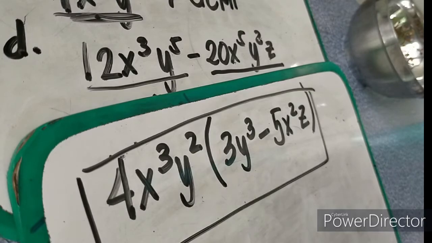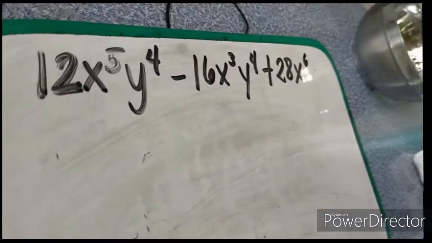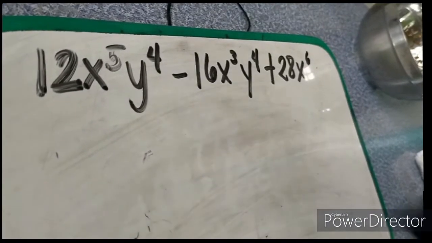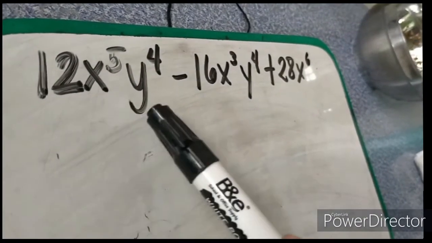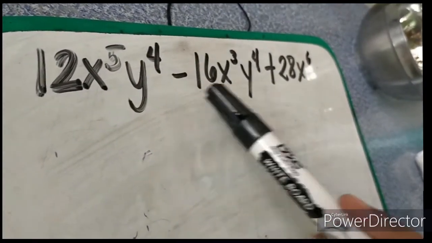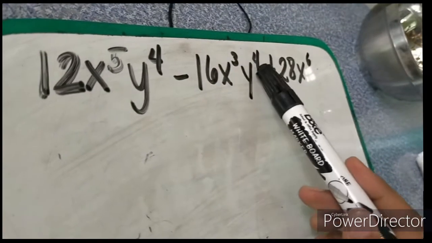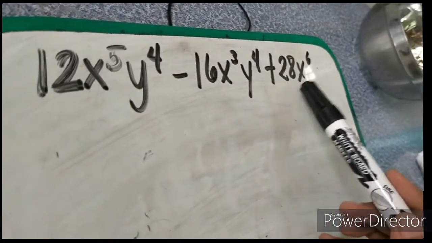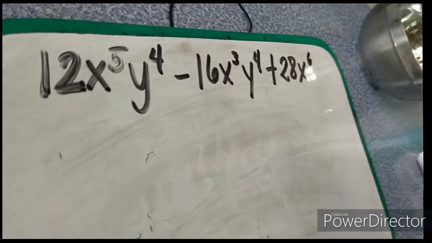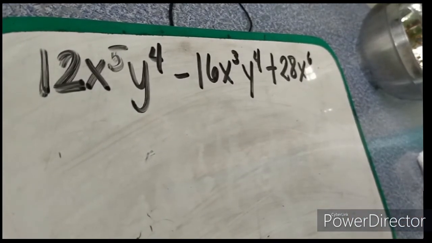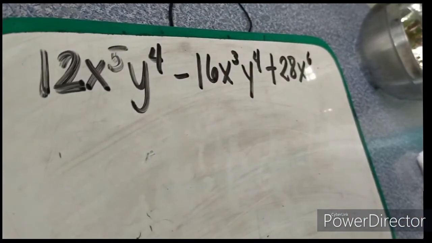Let's have another example. For our second example, we have 12x raised to 5, y raised to 4, minus 16x cubed, y raised to 4, plus 28x raised to the 6th power. So, let's have the steps.